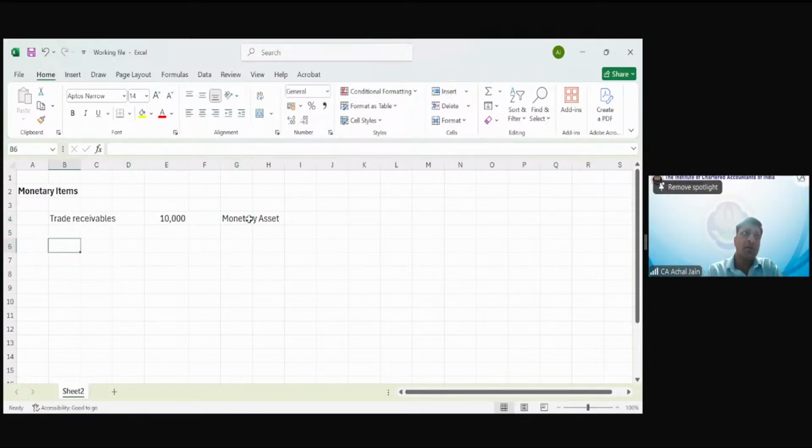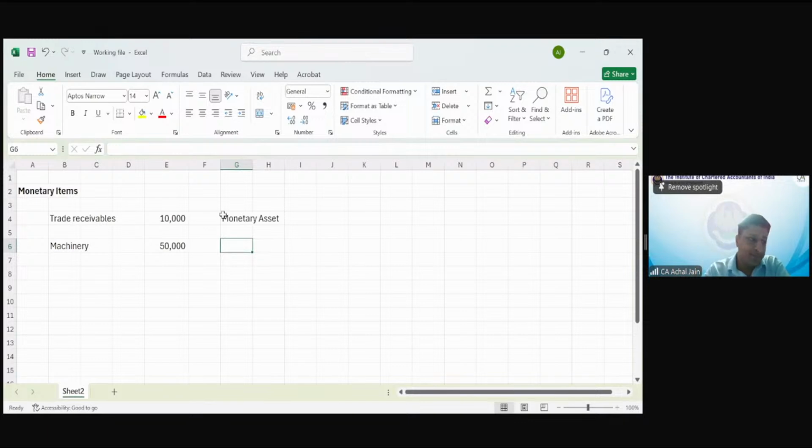Now let's talk about, say, machinery. So a machine is appearing in the books, let's suppose at 50,000. Now, can we say that for this machine, the amount in terms of what the company can receive is fixed or determinable?